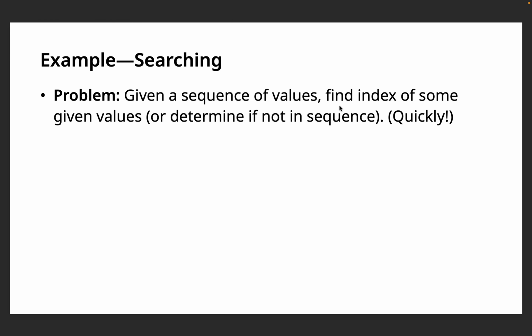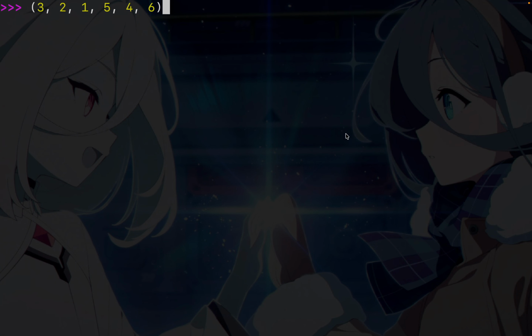And what you want to do is, you are given some value and you want to find its corresponding index. So for example, if this is my sequence and I want to get the index of the number 1, the index of 1 should give me the value 2, since this is index 0, index 1, and index 2.